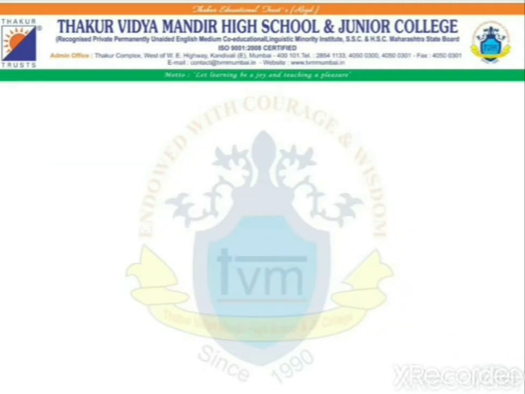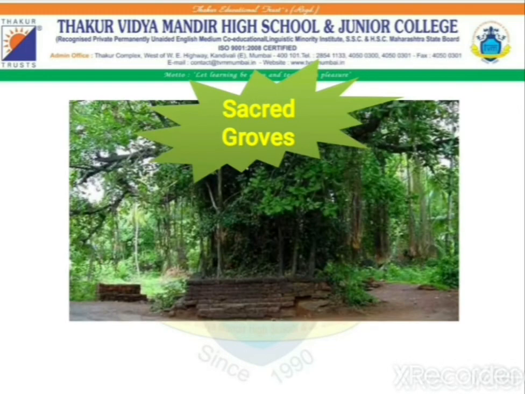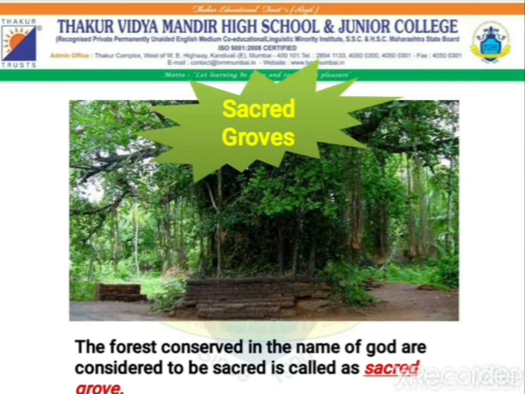Then the next is about the sacred groves. Now, what are these sacred groves? Sacred groves are the forests which are conserved in the name of God and considered to be sacred. These are, in fact, sanctuaries which are conserved by the society and not by the government forest department.